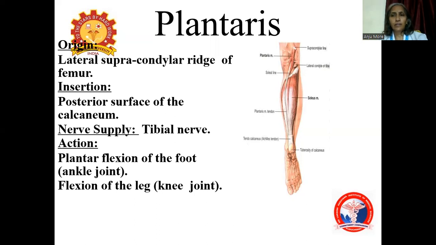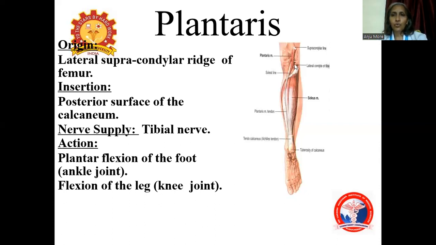Nerve supply is by the tibial nerve. The action of plantaris is plantar flexion of the foot at the ankle joint and flexion of leg at the knee joint.